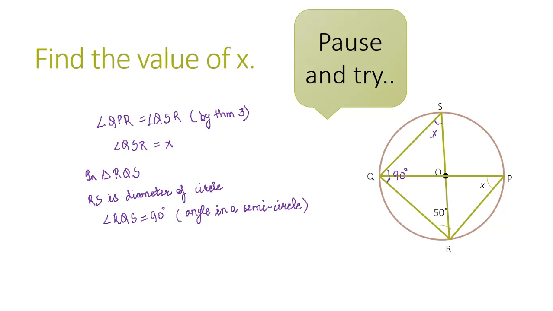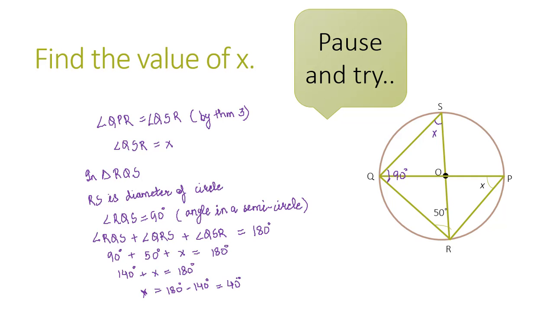We only have to find the measure of one unknown angle, which we can do by the angle sum theorem of the triangle. Angle RQS plus angle QRS plus angle QSR. The sum of all the angles will be equal to 180 degrees. Putting the values, this will give me the value of x equal to 40 degrees.